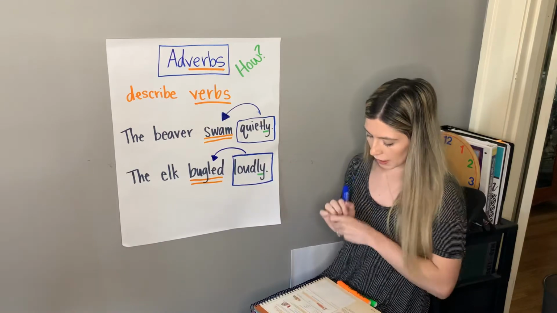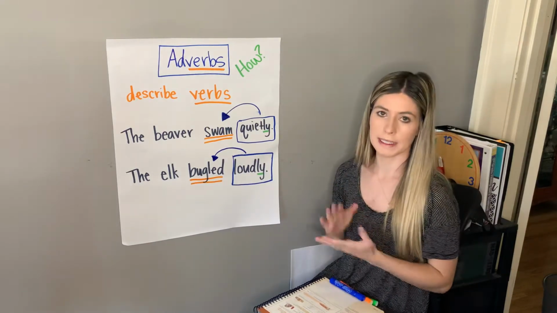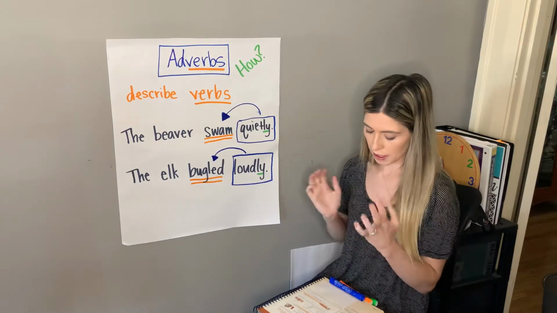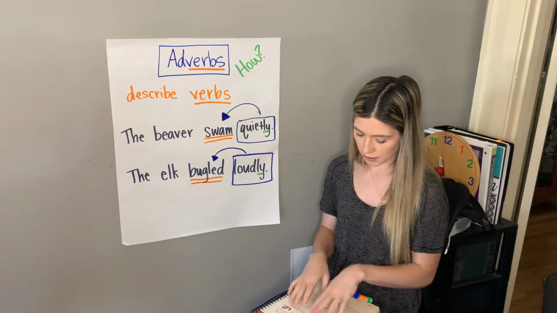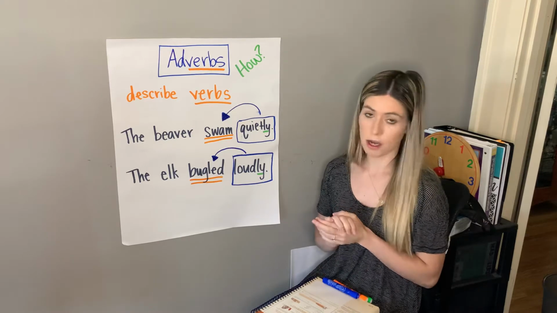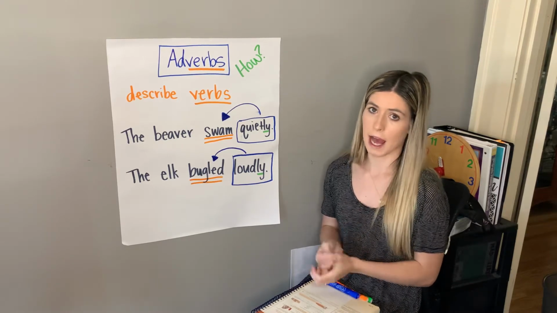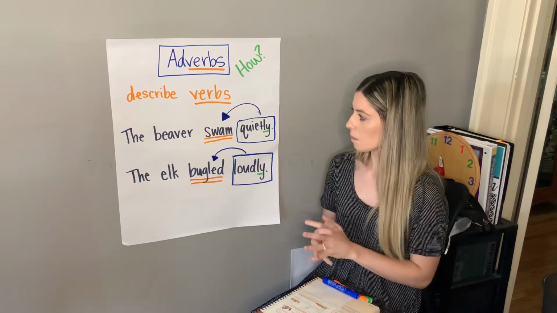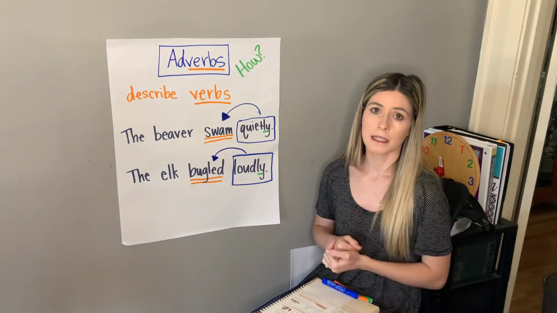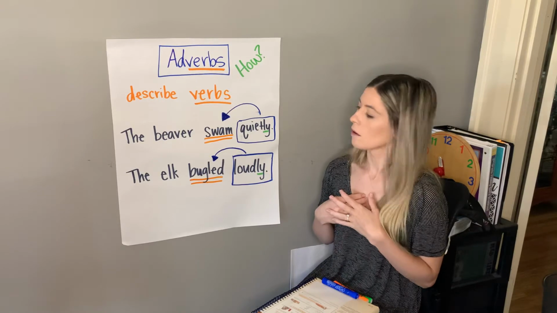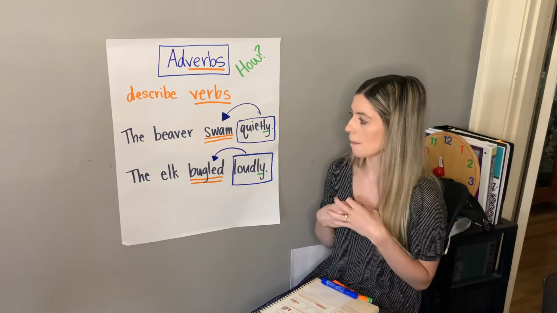Now, it isn't always the word exactly after it. It is a lot of the time, but not always. And in your sentences, it's not going to be the word exactly after the verb all the time. So you need to ask yourself very carefully, okay, how did that happen?